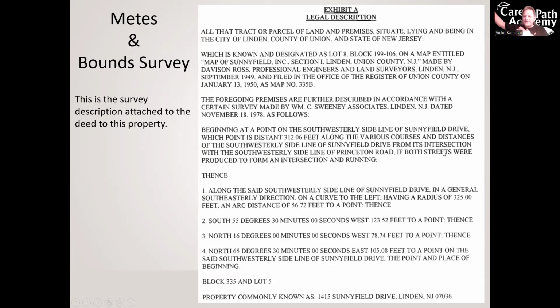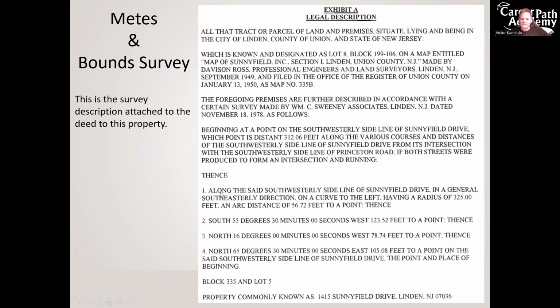So measuring from the intersection down the block, trying to get to the point of beginning, they have to show you where they're measuring from to find the point of beginning on this property. Southwesterly side of Princeton Road, if both streets were produced to form an intersecting and running line. So wherever they cross and they meet.